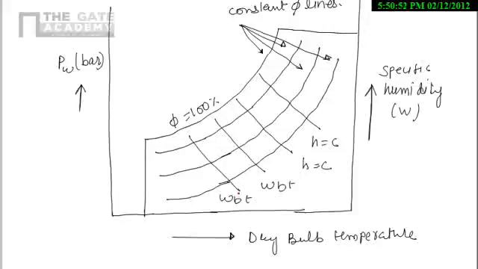Remember one thing I told: in the adiabatic saturation process, the adiabatic saturation temperature is practically what we call the wet bulb temperature. So the wet bulb temperature lines and the constant enthalpy lines are the same. So practically the enthalpy of the mixture remains constant during an adiabatic saturation process.